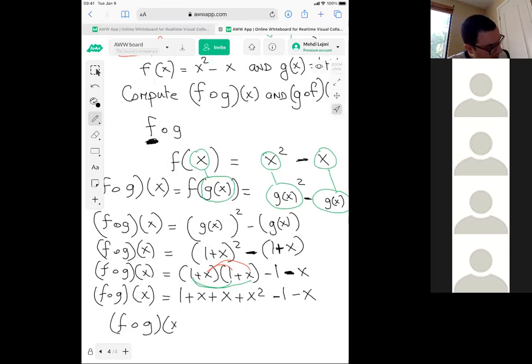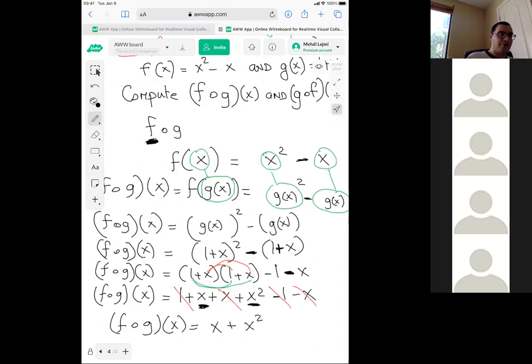And so then, let's see what happens to the constant. Here, 1 minus 1, so it cancels out. We have an x minus x, it cancels out. So we end up with only one x, this x here, and plus an x squared here.